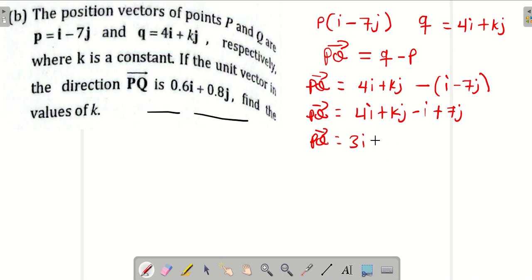Then we have Kj plus 7j, which is the same as PQ equal to 3i plus (K plus 7)j. So we have gotten back the same thing. Alright, let me look at it again.